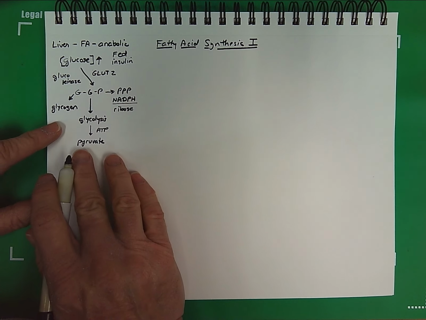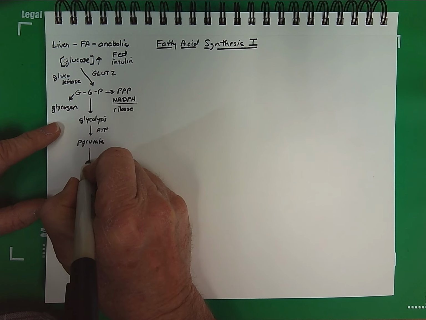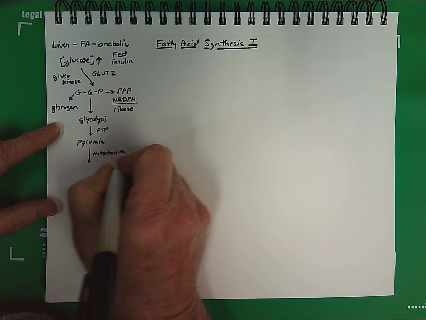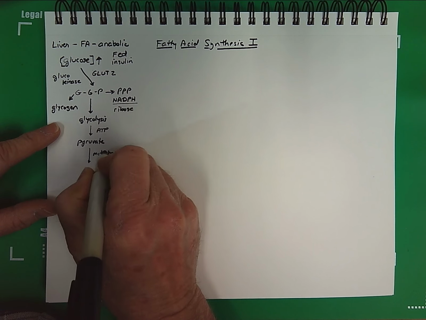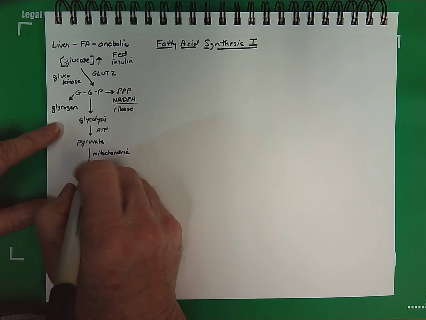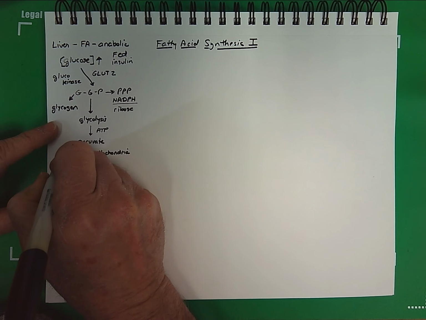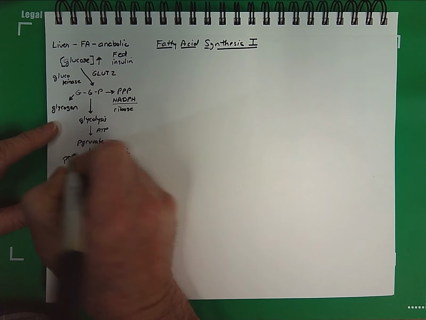Now, once the pyruvate is generated, this will enter the mitochondria through the pyruvate translocase transporter. And once we are in the mitochondria, we are going to be generating acetyl-CoA by the PDH, pyruvate dehydrogenase enzyme.